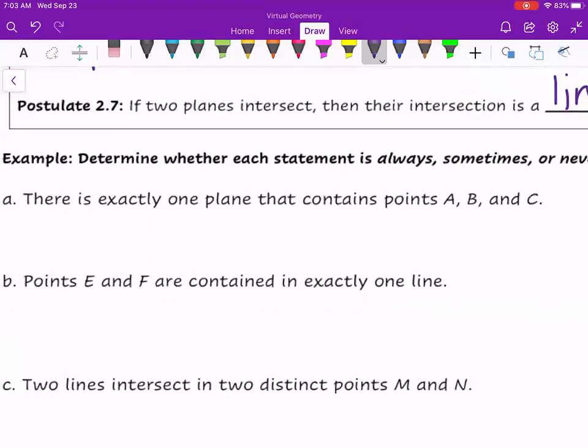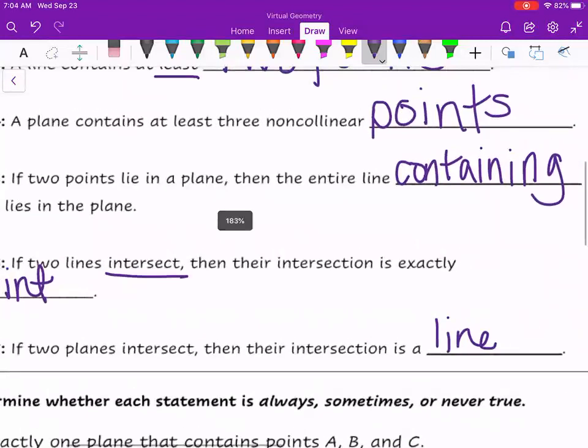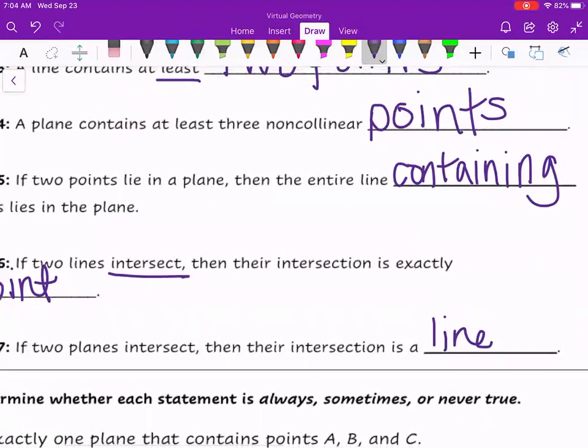Example A: there is exactly 1 plane that contains points A, B, and C. Let's go back to the postulate that talks about what's going on with the points in a plane. That's postulate 2.4: a plane contains at least 3 non-collinear points.